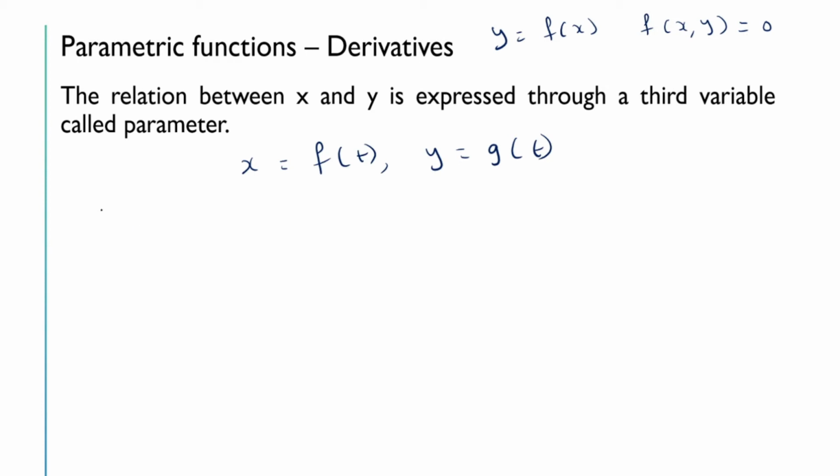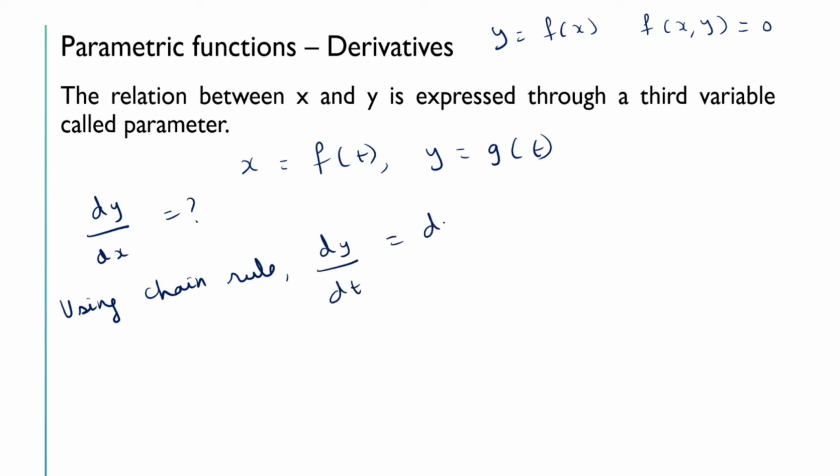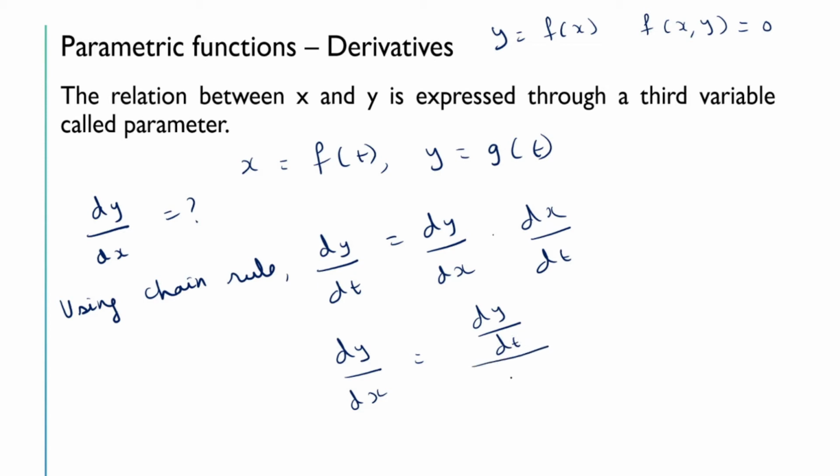Now how to find dy by dx for these functions? Using chain rule, we can write dy by dt is equal to dy by dx into dx by dt. So from here we get dy by dx is equal to dy by dt divided by dx by dt.